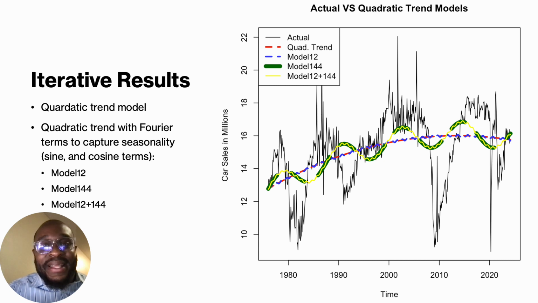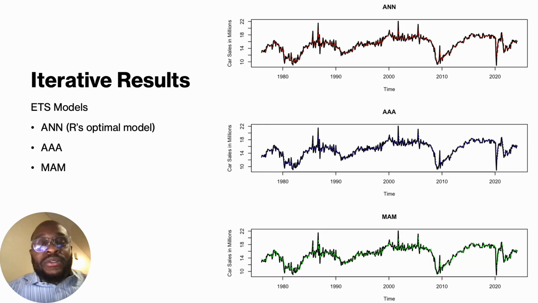So moving on to more complex data, we look at some of the ETS models that we fit on our training sets. From visual inspection, there's really no difference between the fits of the different configurations. However, R selected the ANN model as its optimal model.